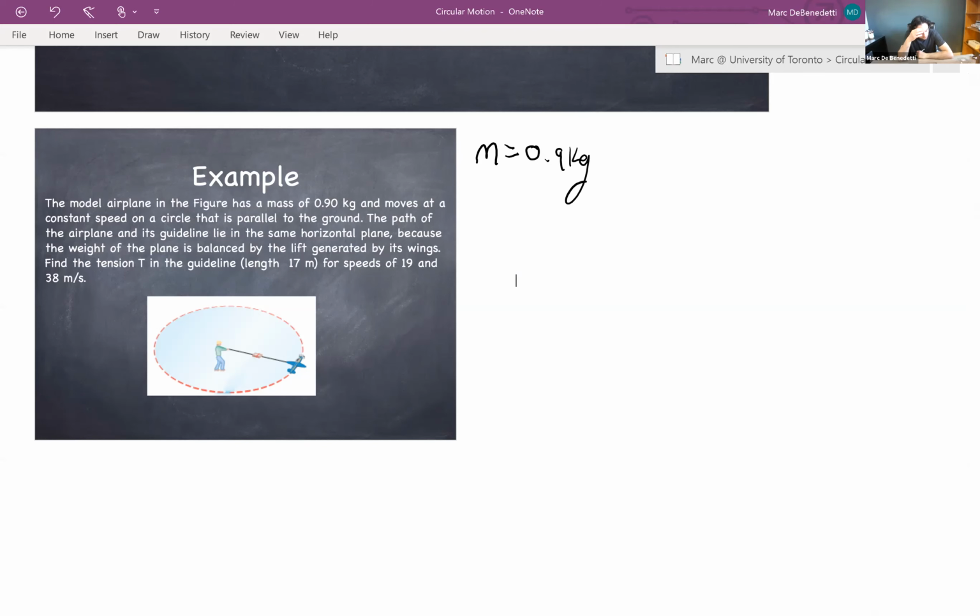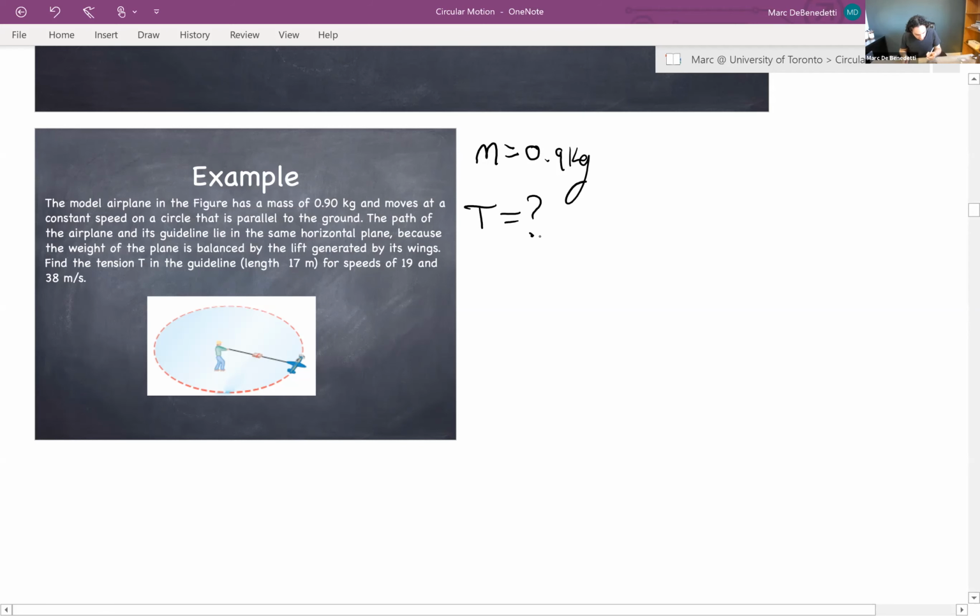Okay, so it's a circle, so I know it's not linear motion, it's circular motion. Parallel to the ground, so it's horizontal. The path of the airplane and its guideline lie in a horizontal plane. The weight of the plane is balanced by lift. Those are all words I don't care about. Find the tension. Words confuse me. Find tension, so T equals question mark.